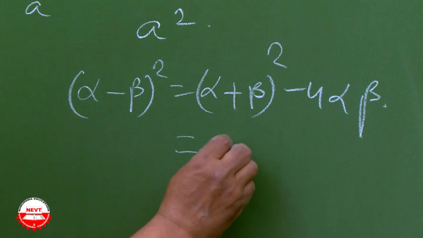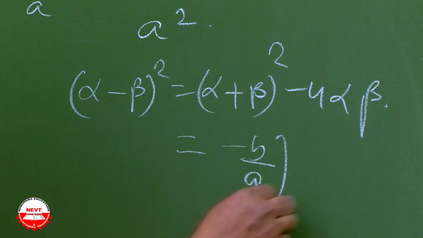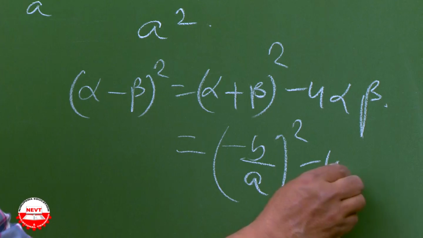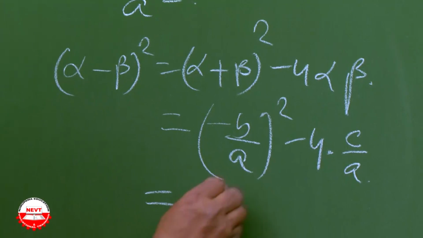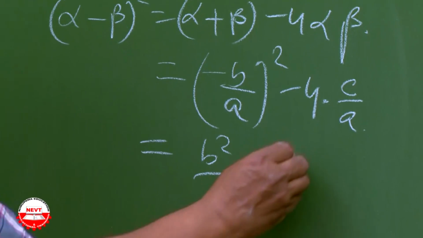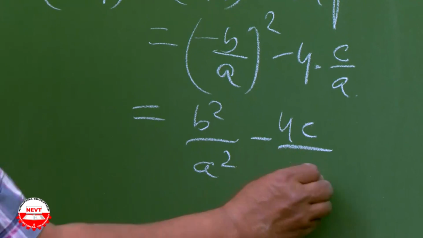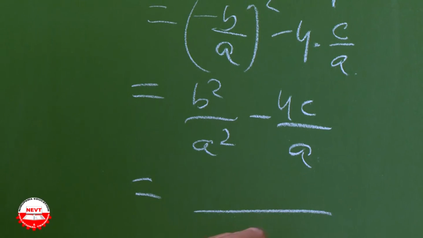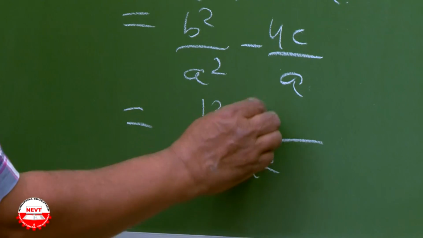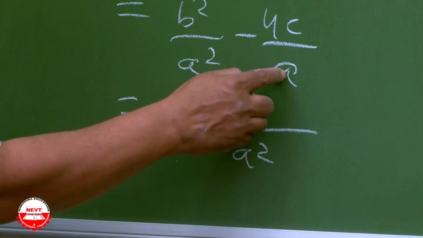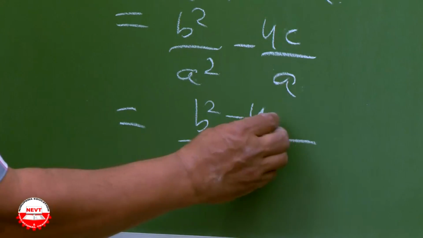Alpha plus beta whole square means minus b by a whole square, minus 4 into alpha beta, which is c by a, which is equal to b square by a square minus 4c by a. If you take a square as LCM, it will be b square minus 4ac, since a will multiply here.